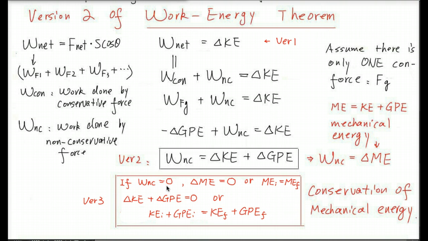For example, if there's no friction and no extra external force acting on the system, we can see the object's total mechanical energy is conserved.